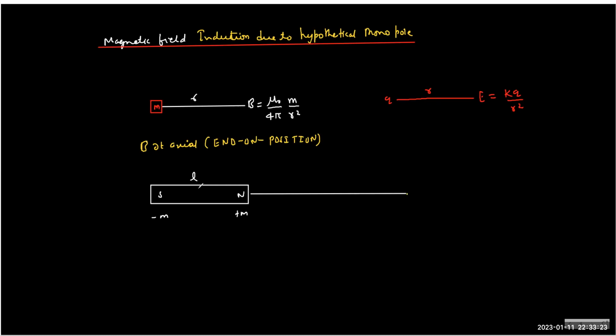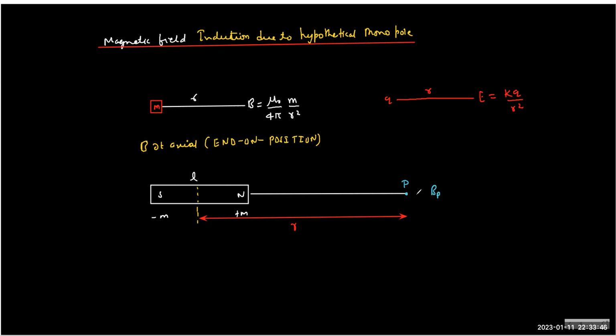If from the center, I take this as R, so how to find the B at this point?